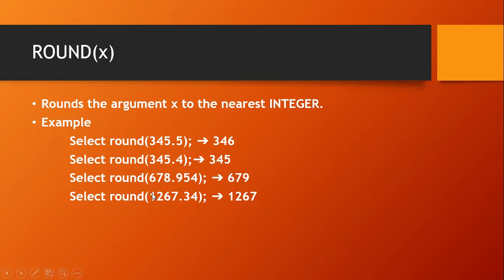Select round of 1267.34. Before removing this decimal part, it will check whether the first digit in the decimal place, that is 3, is greater than or equal to 5. No. So there is no change to the ones place. Hence the output is 1267.